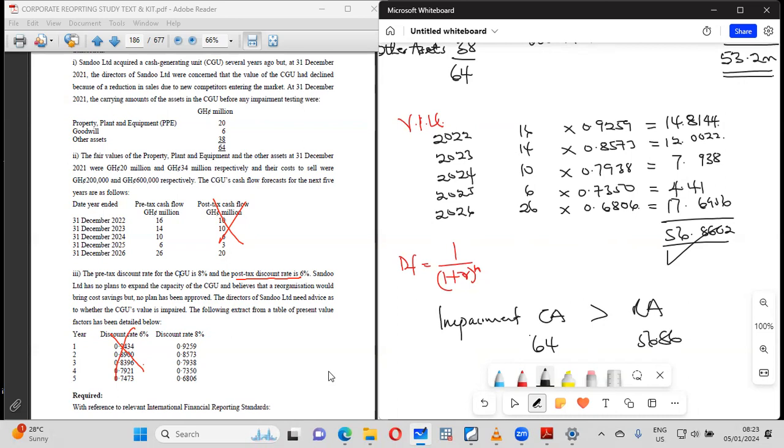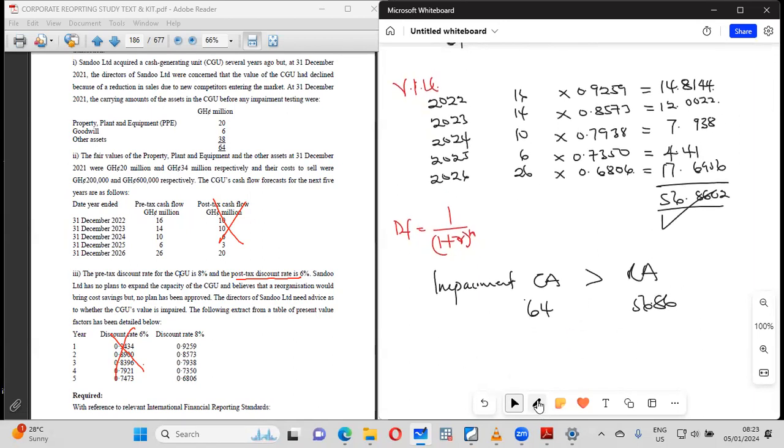So it means impairment is how much? Impairment is like 7.14, right? Is that correct? All right, so that is that.